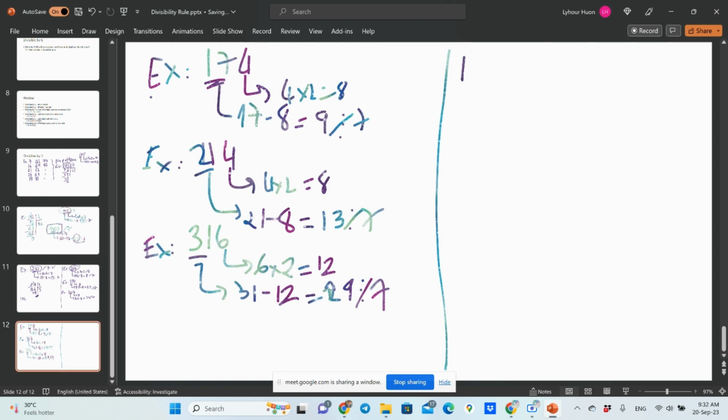Okay, next try. 326. So 6 doubled will be 12. The other will be 32, minus 12, it will be 20.